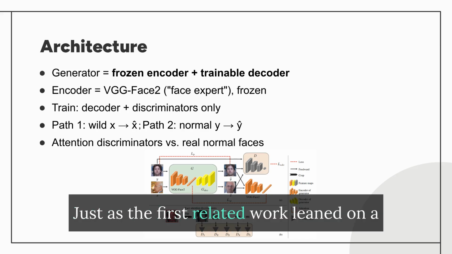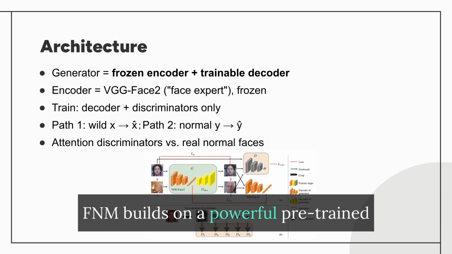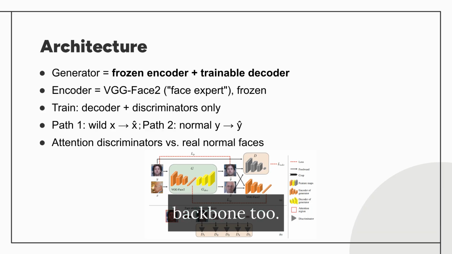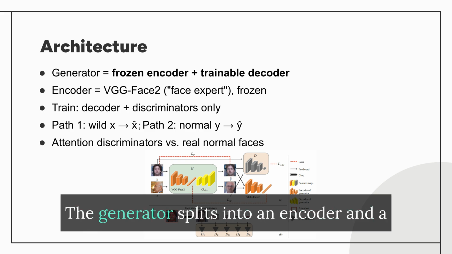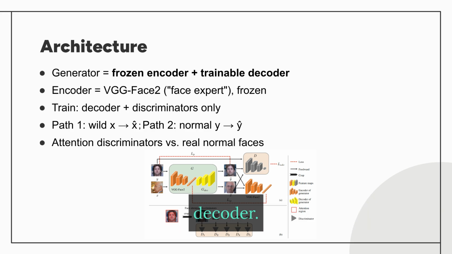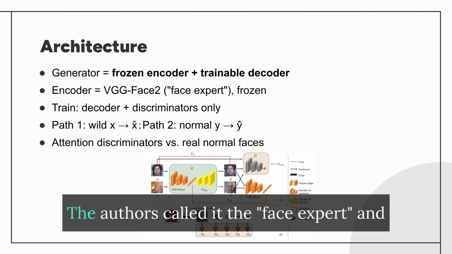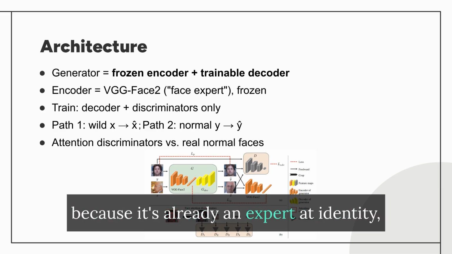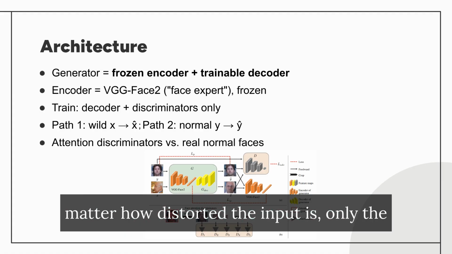Just as the first related work leaned on a vision transformer backbone, FNM builds on a powerful pre-trained backbone too. But here it's a face recognition network. The generator splits into an encoder and a decoder. The encoder is a frozen pre-trained VGG-Face model. The authors called it the face expert, and because it's already an expert at identity, it extracts robust identity features no matter how distorted the input is.